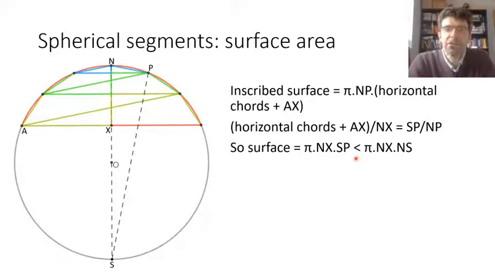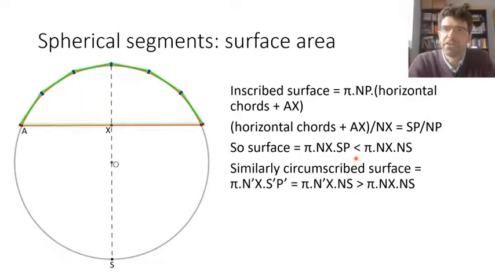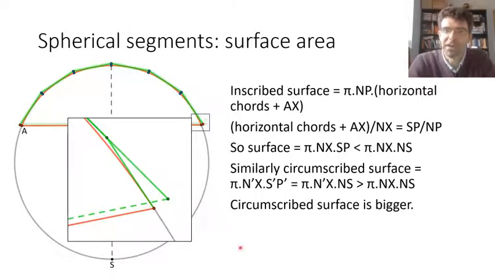Similarly, when we look at the circumscribed shape, which is the inscribed one that's just dilated a bit, that's going to turn out to be slightly more than that same value, pi times the height times the diameter of the sphere. You have to be a little bit careful about justifying why the circumscribed surface area is bigger than the spherical one, even though they don't have the same edges.